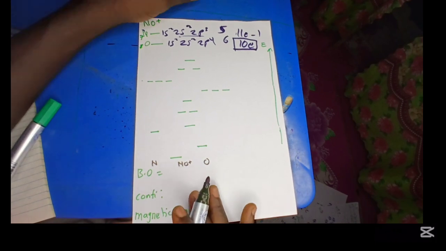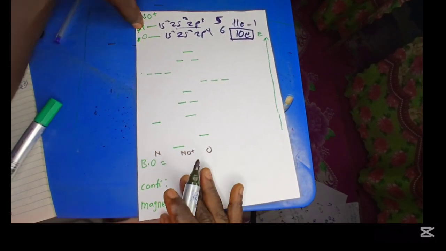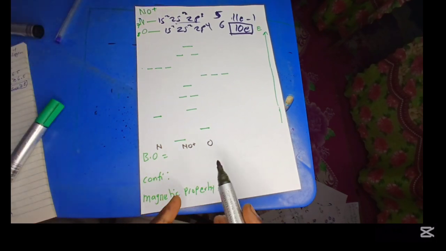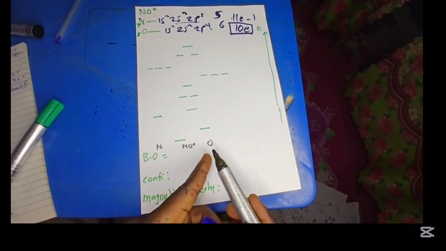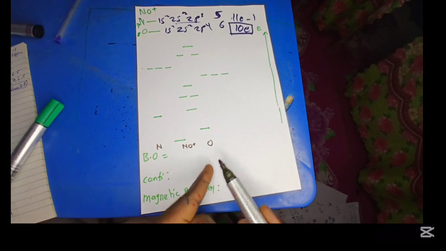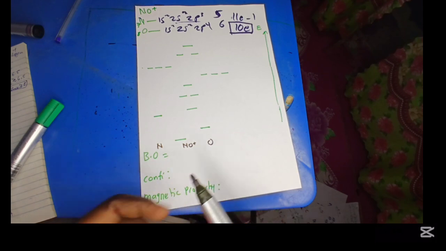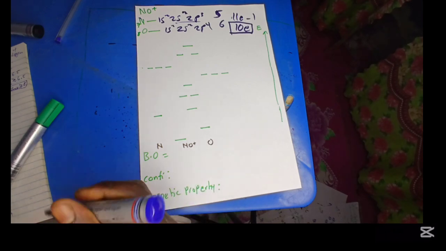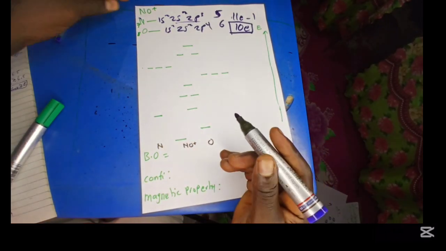So nitrogen has 5 electrons. So this is nitrogen. As usual, you can see that the highly electronegative atom is lower in energy. So that's why the diagram is somehow tilted, and it should be at the right hand side.